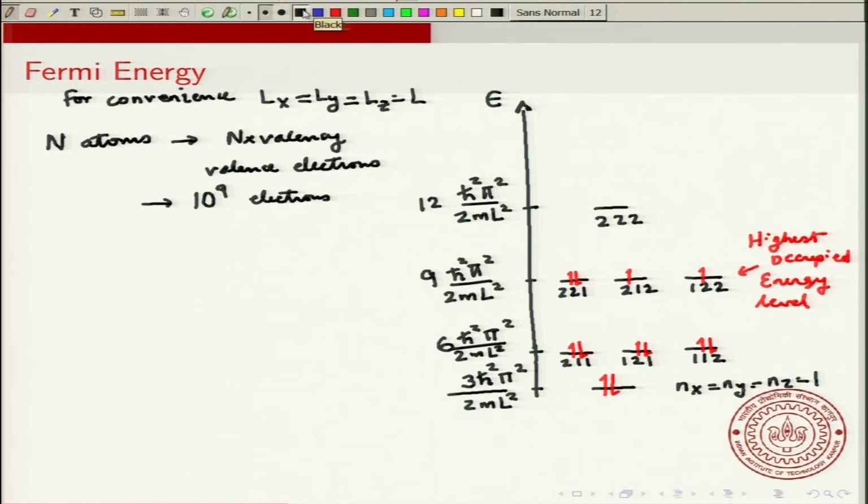If you go ahead and do that, then you will have this energy, and you will have a very large number of states, and what you will find is that when you fill all the electrons, a certain number of them will be filled, and the last energy level that is filled, this is called the Fermi energy.